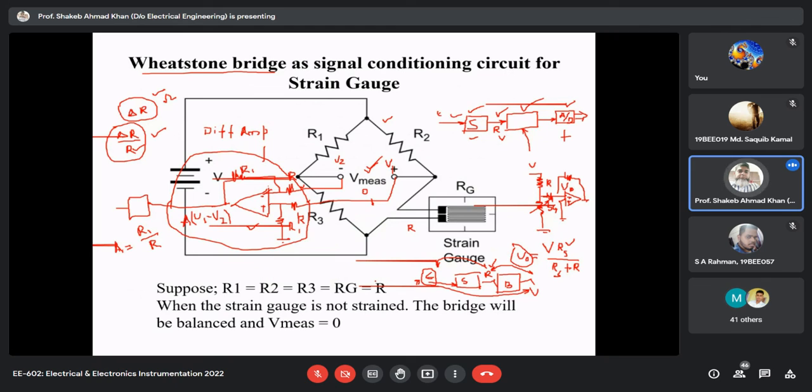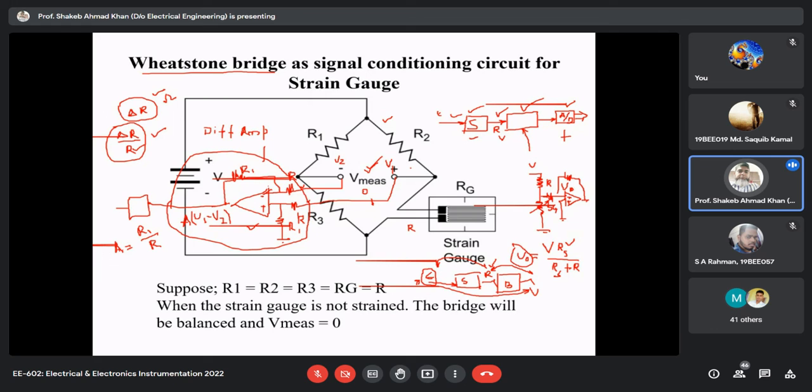So we don't want that. We always desire an instrumentation system which responds only to the parameter we are interested in measuring, and should not respond to any other parameter. But in this case, your output, your response, will change. Whatever the case, if there is any change in resistance, whether because of strain or temperature, your output will change.